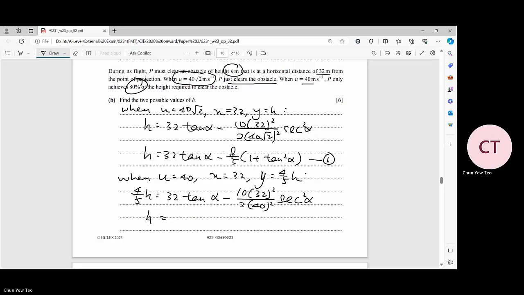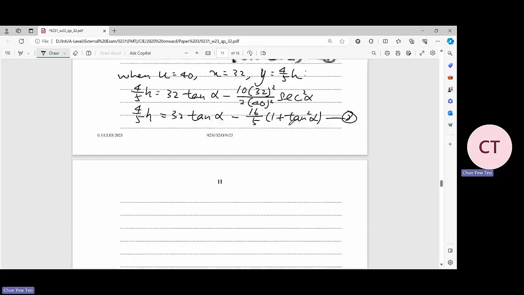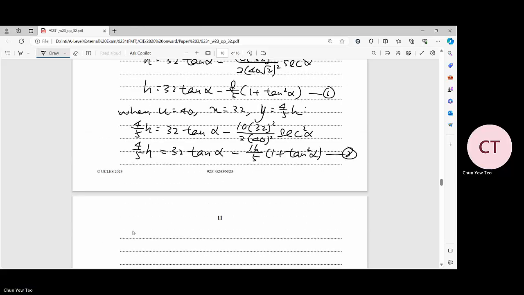Simplify it. And press the calculator, you will get 16 over 5, 1 plus tangent square alpha. That will be my second equation. 1 into 2, very obvious.